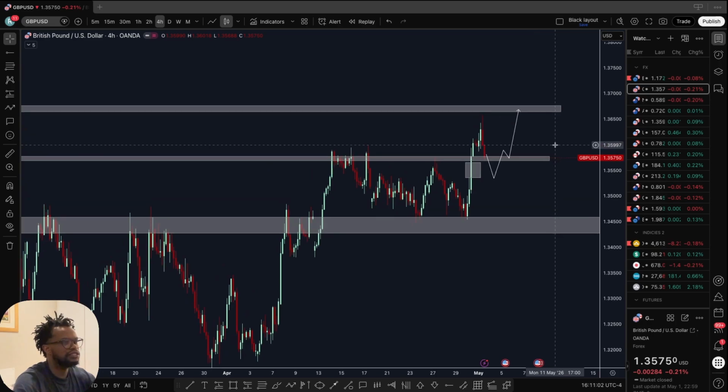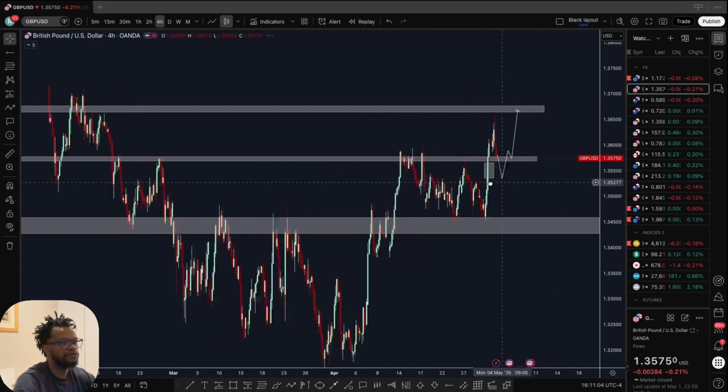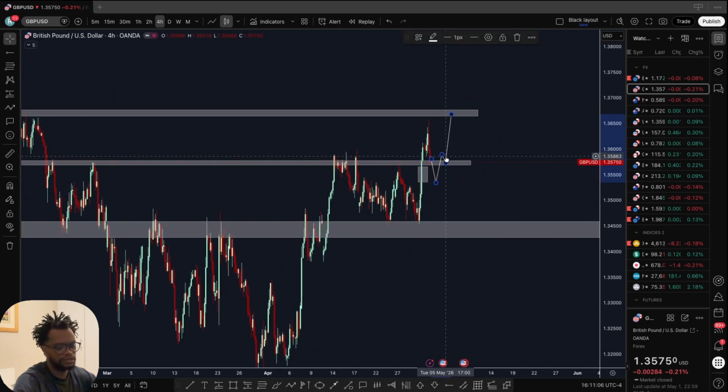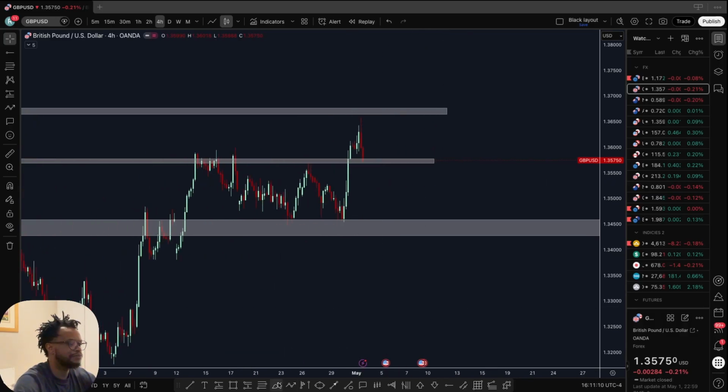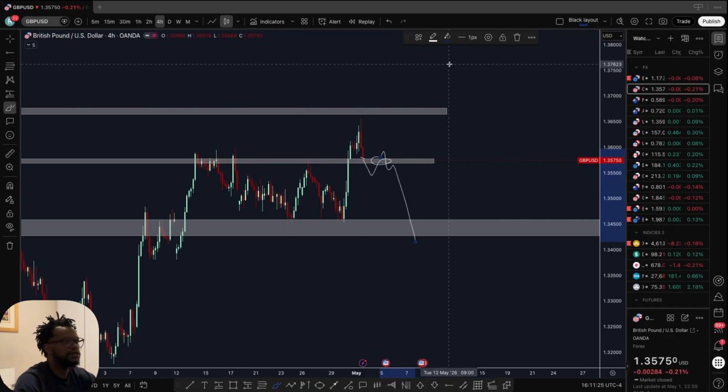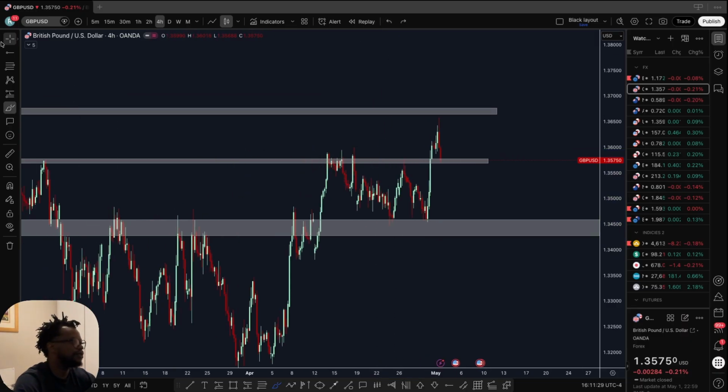Which one is a cleaner setup, I'm bullish on both of them, unless I can see price break and retest this area, and then I'll be looking for a bit of a fake out, and then we close back in this way. So it has to convince me a lot for me to consider taking shorts, because the market's still bullish in my eyes.